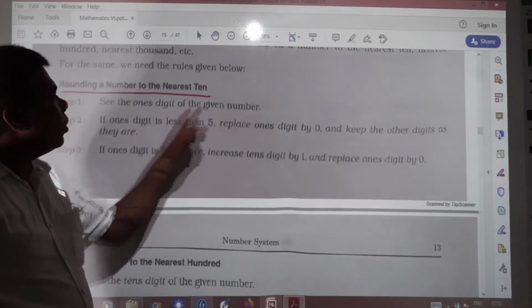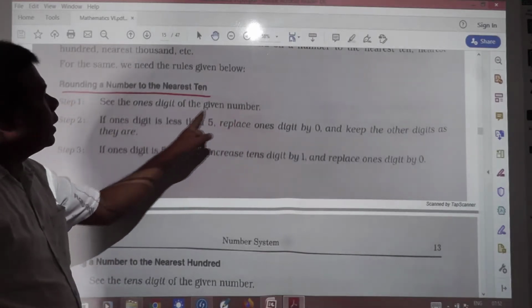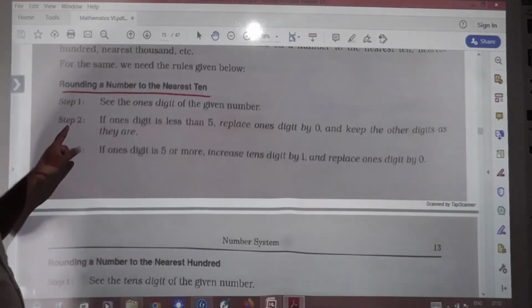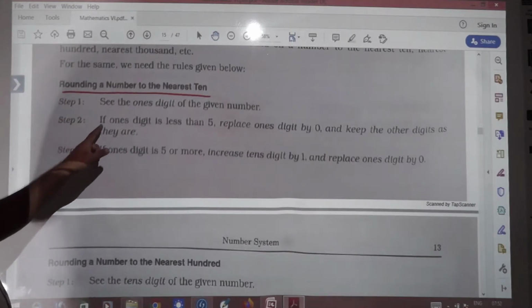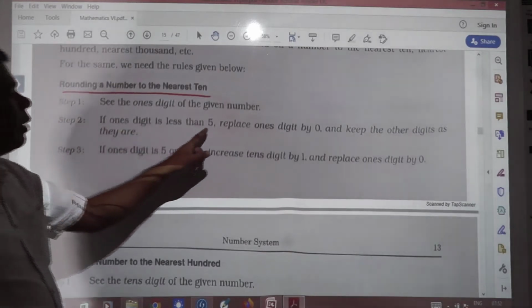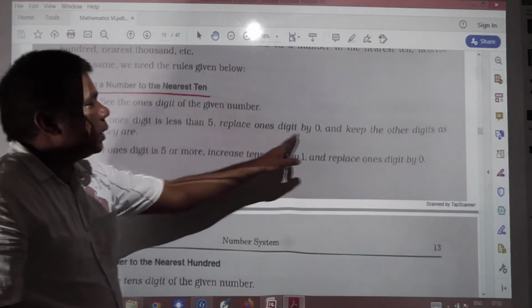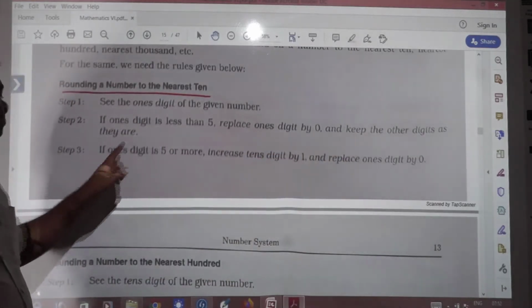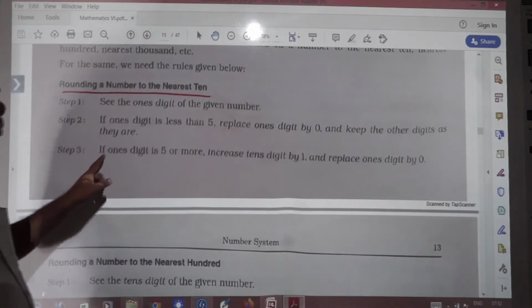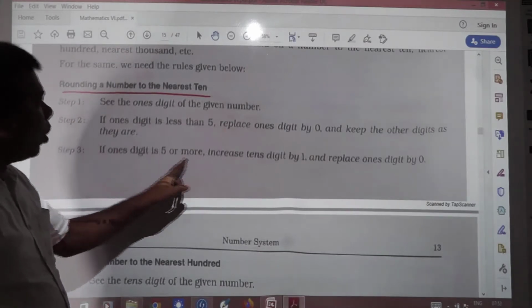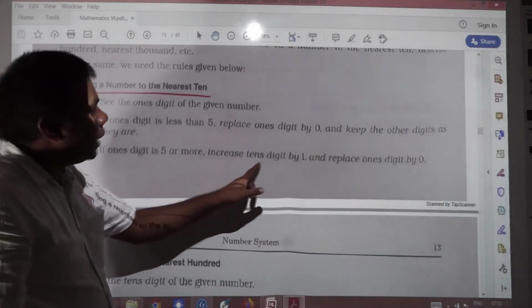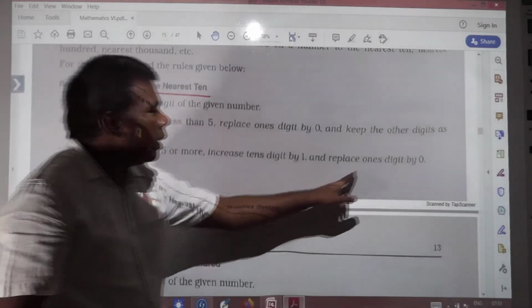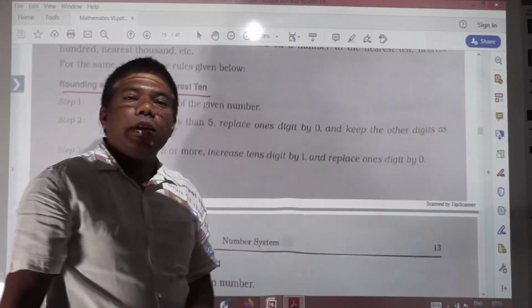Step 2: if the ones digit is less than 5, replace the ones digit by 0 and keep the other digits as they are. And third step: if the ones digit is 5 or more, increase the tens digit by 1 and replace the ones digit by 0.